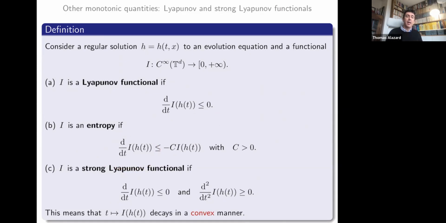And I would say that I is a strong Lyapunov functional if it decays like you expect a functional to decay, namely in a convex manner. You expect the functionals to decay in a convex manner, namely the fact that the time derivative is non-positive and the second order derivative is non-negative.